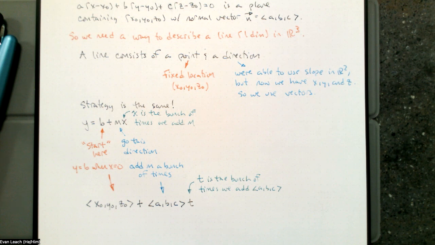So x naught, y naught, z naught is like our starting position. It is fixed. It's not going to change with the value of t. A, B, C is the direction of the line. That's the one that we add a bunch of times.